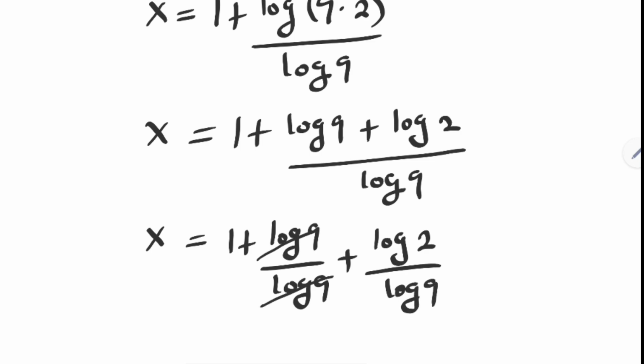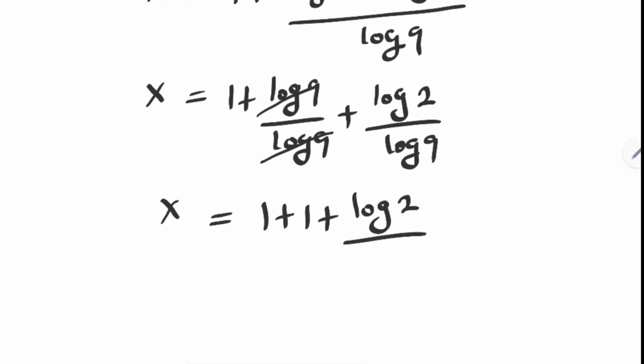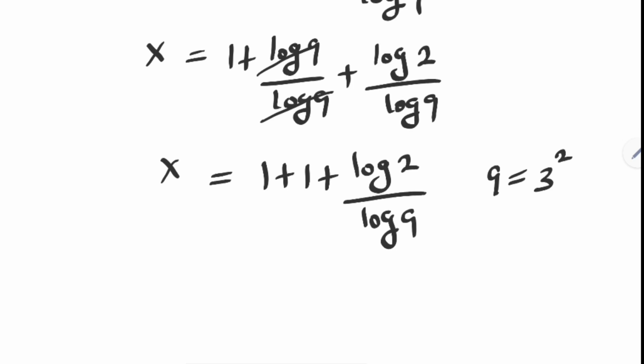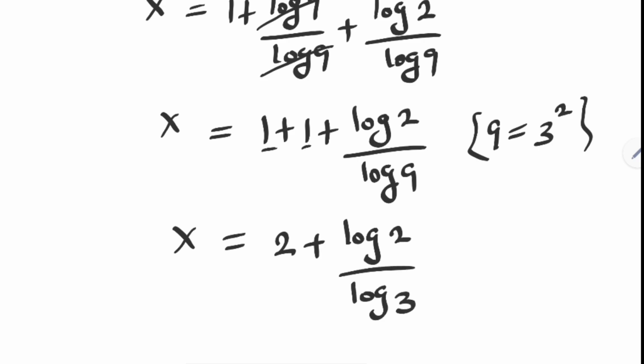This log 9 cancels this log 9. x is equal to 1 plus 1 plus log 2 over log 9. 9 is equal to 3 squared. x is equal to 1 plus 1, this is 2 plus log 2 over log 3 squared.